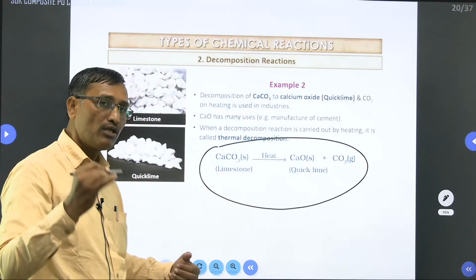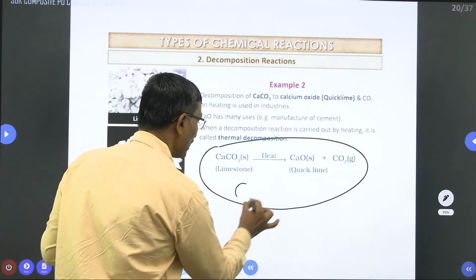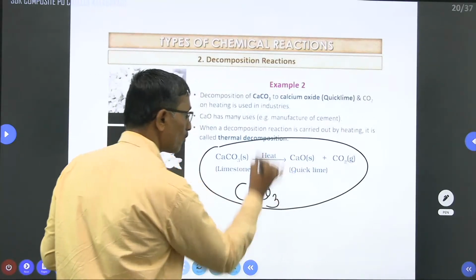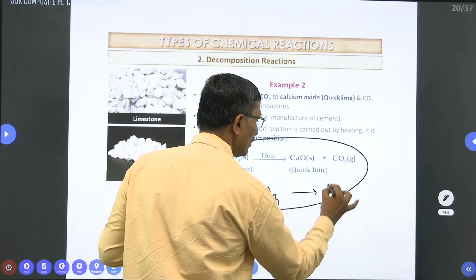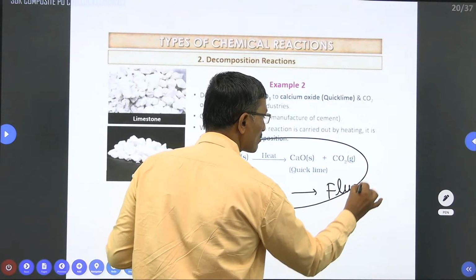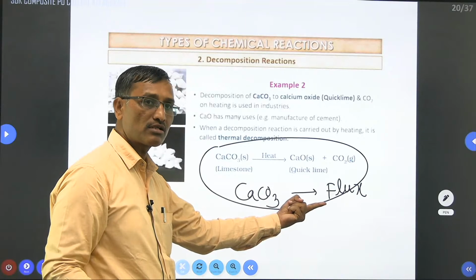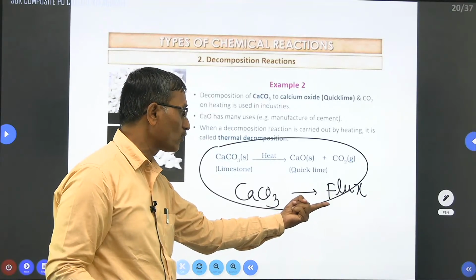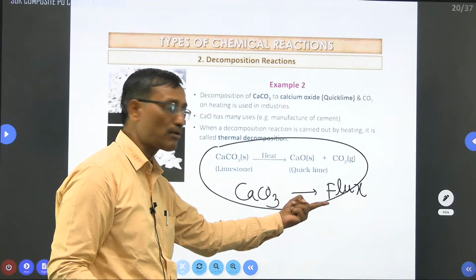You even come across it in metallurgical processes, students, where we add this limestone CaCO3 in the form of a flux, a chemical substance that is added to remove impurities, I mean gangue particles from the matrix.